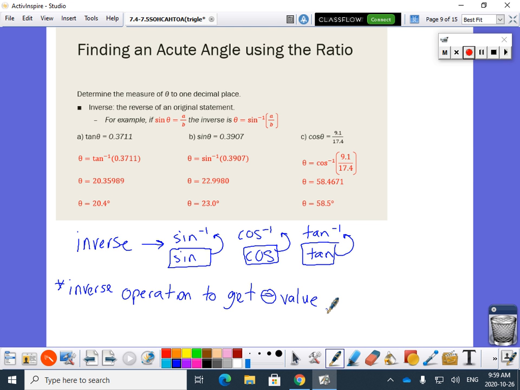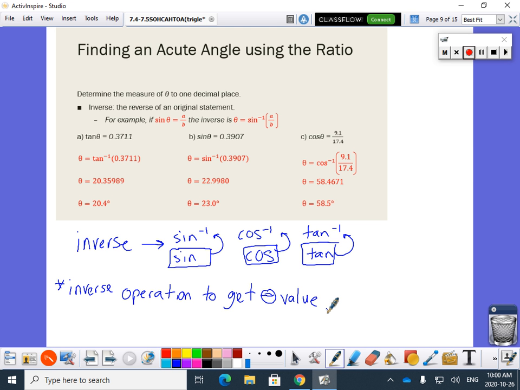Okay, so if we want theta, we have to do the inverse operation. If you look here, I want it to make sense, so sine theta. Well, we want theta, so what would we usually do? We would divide by sine, right? We want to get rid of sine, we want theta by itself. So if sine is attached to theta, just like if this was x, we would divide by sine. When you divide by sine, that really takes the inverse.